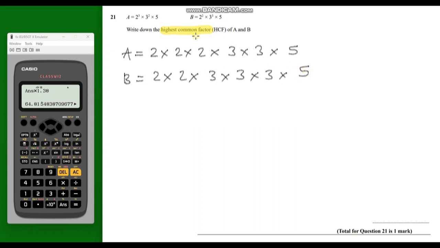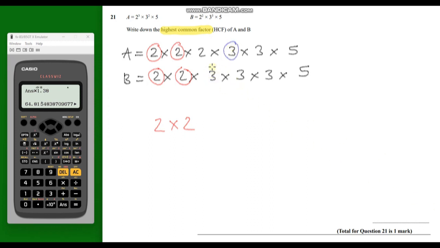So to work out the highest common factor, we need to look at what they both have in common. Well, they both have a 2 in common, so we can write 2 down. They've both got another 2 in common, so they've both got a 2 times 2 in common. Now, they don't have any more 2's in common. Although A has got a 2, we don't have any more in B, so we can't multiply any more 2's. Now let's look at 3's.